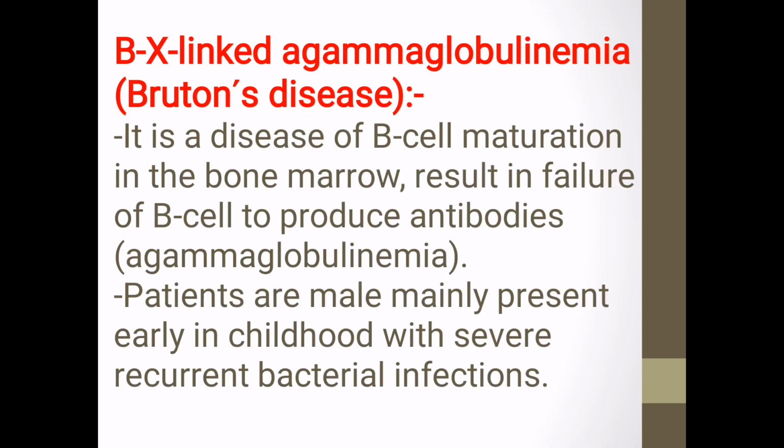So its name is agammaglobulinemia, and it's X-linked, so it affects mainly males in early childhood, and the patient presents with severe recurrent bacterial infection. There is a defect in the humoral part of the immune system, so there is severe recurrent bacterial infection.